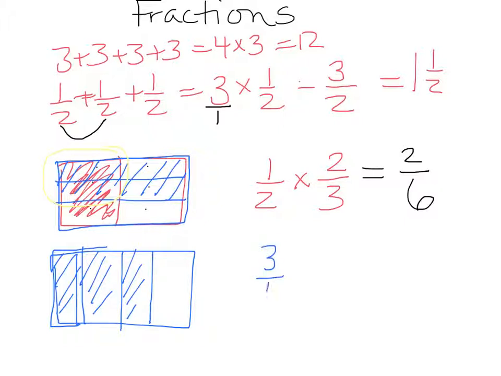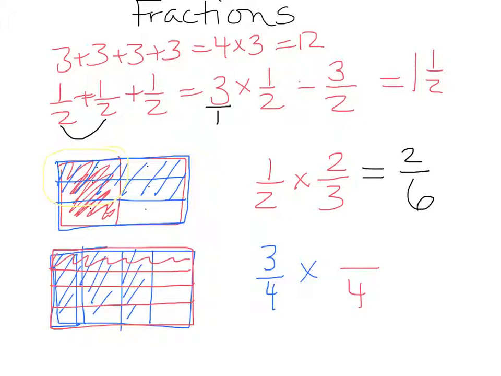So we have 3/4 times, well, for ease of drawing, we'll keep quarters again, and we'll say 1/4. So there's now 1, 2, 3 squares that have both colors in it, and there are 1, 2, 3, 4 by 4, so there are 16 small pieces in total.